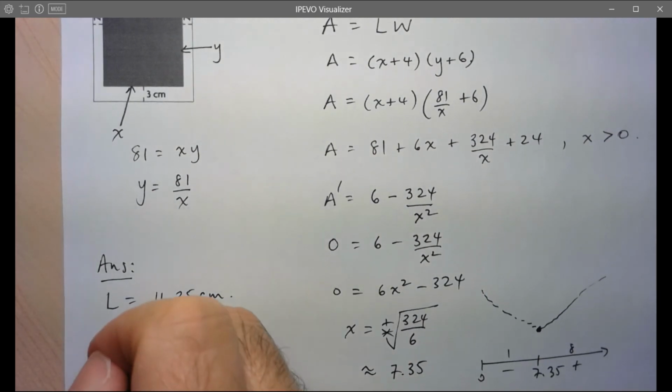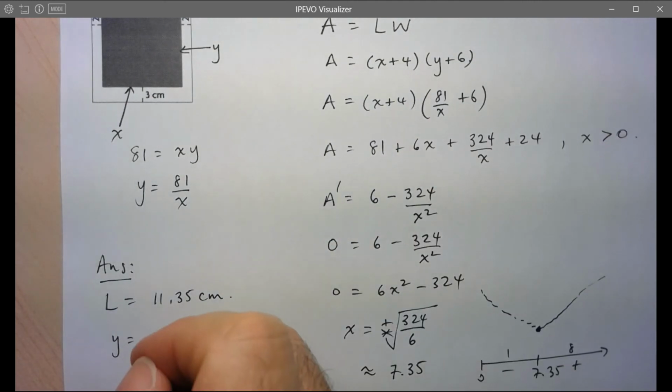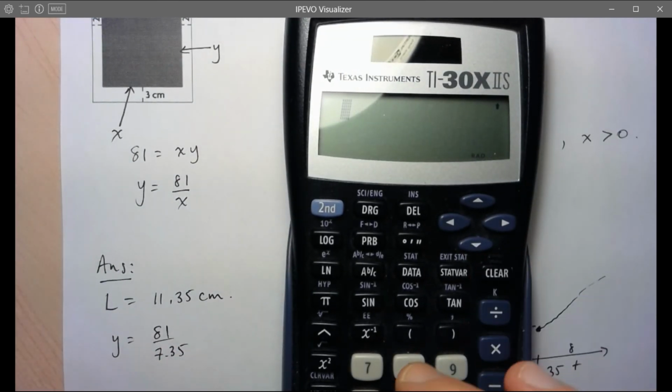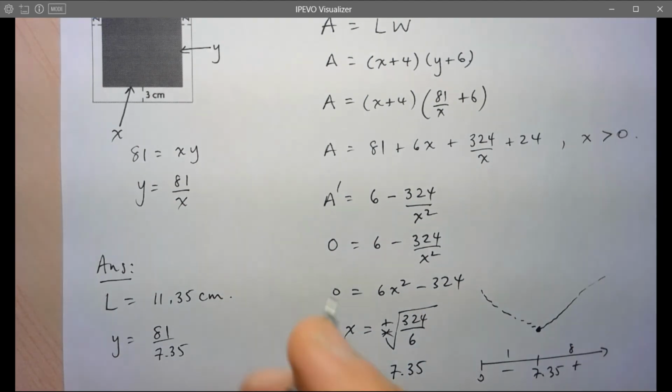Then I'm going to find my y value, but then I'm going to add 6. My y value is 81 divided by 7.35. Let's calculate what that is. 81 divided by 7.35 gives us 11.02.